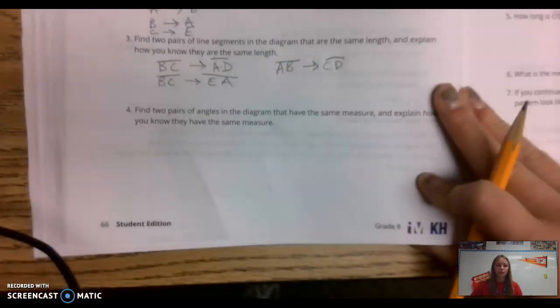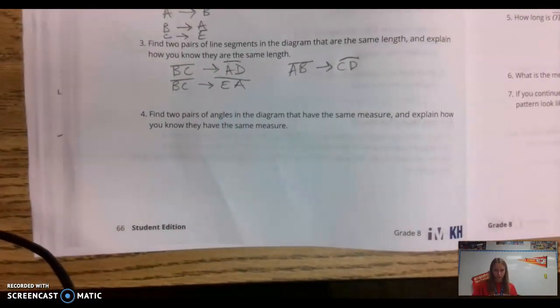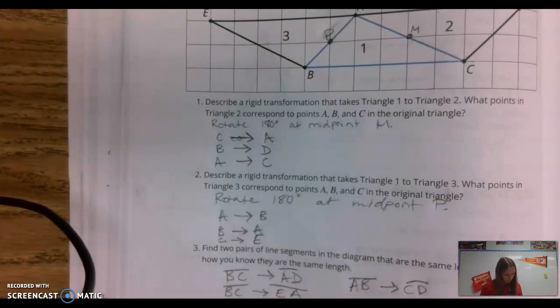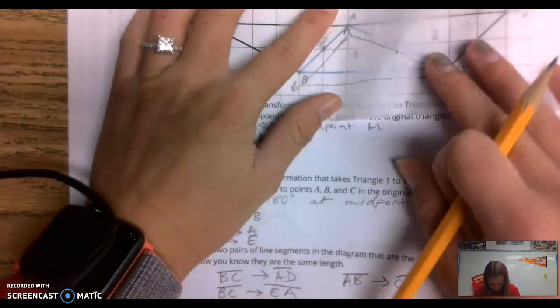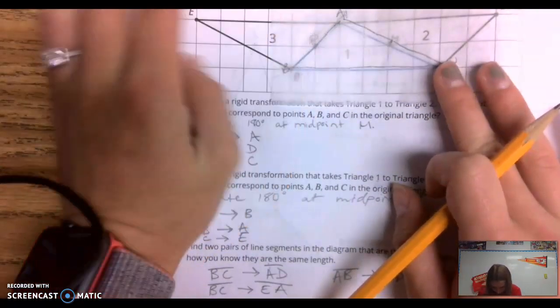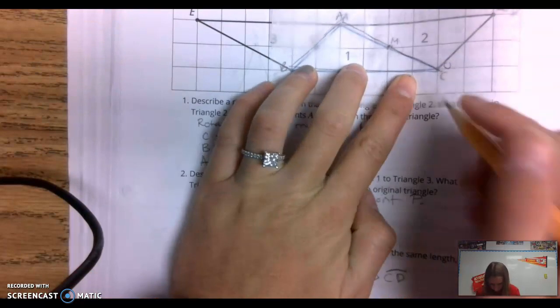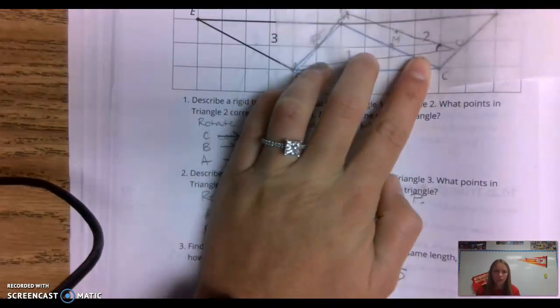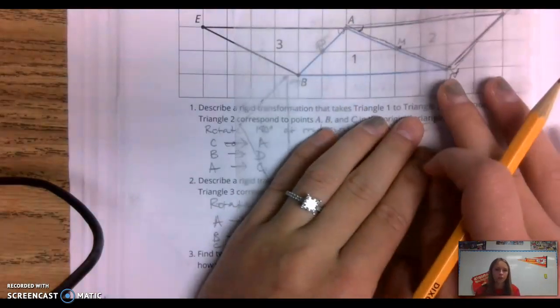Alright, now it asks for the angles, okay? So let's start off with, let's label it angle C here. So, angle C, and then let's see where it matches up.